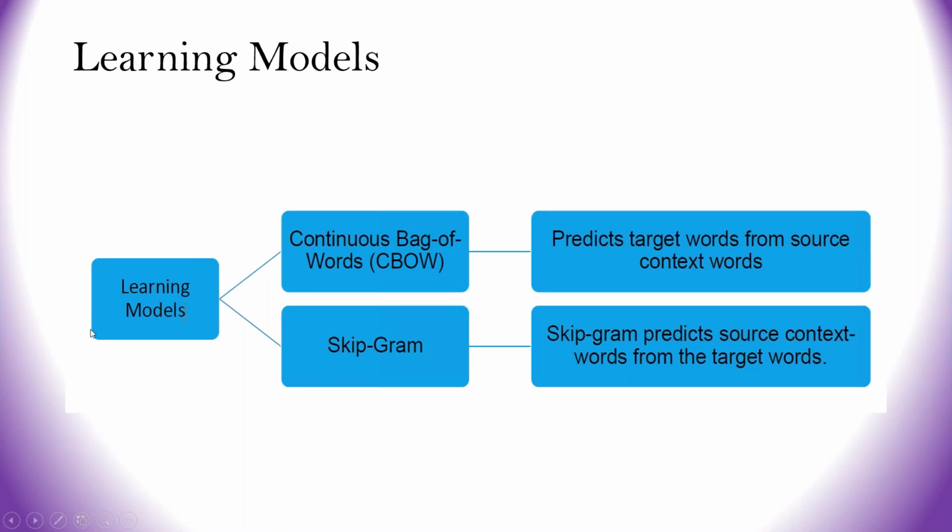The model looks at the source context and predicts the next word that is missed out. Skipgram predicts source context words from the target word. From the target, it identifies which words are apt for the skipped word or skipped gap.